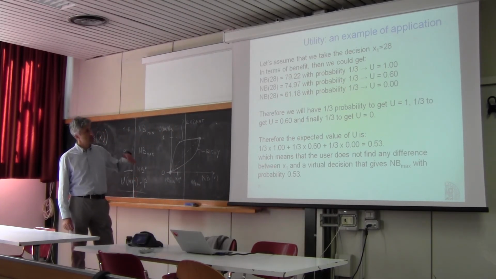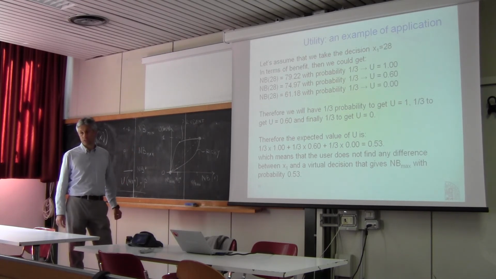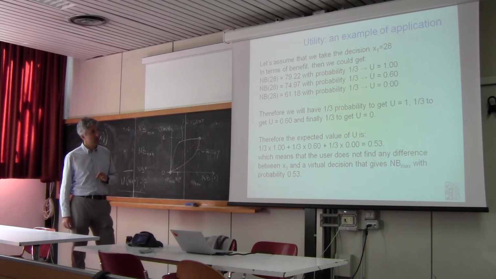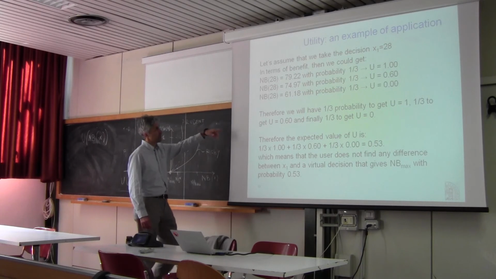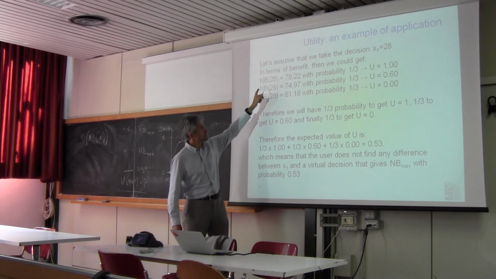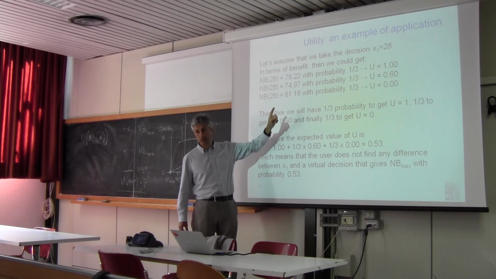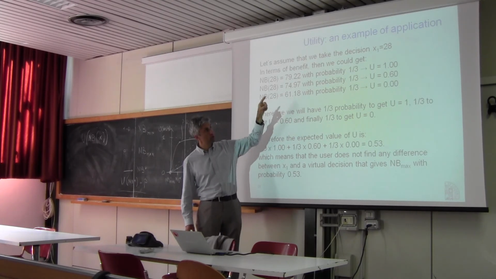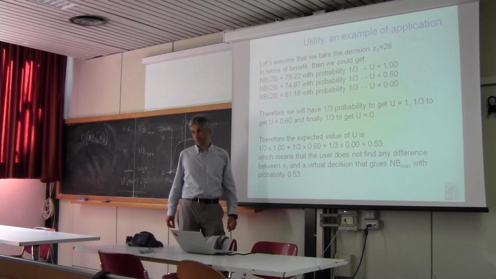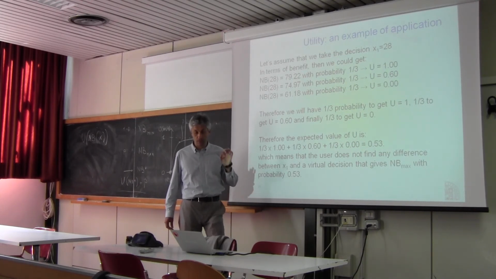So let's assume that we take the decision x1 equal 28, which is the optimal decision corresponding to W1, and in terms of benefit, therefore, we could get a benefit which corresponds to 79.22 with probability 1/3, and this corresponds to a utility of 1. So let me go back one second to the table.